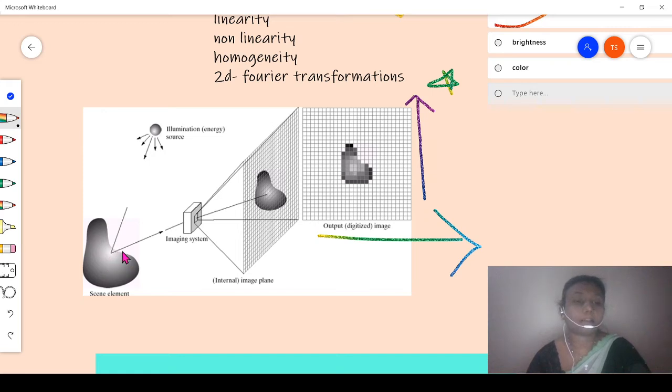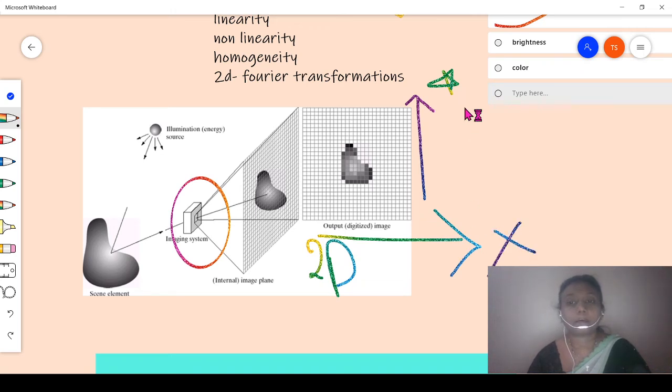The 3D scene image means it is captured using some system, suppose for example a camera like that. Then that image is converted into a 2D spatial plane.